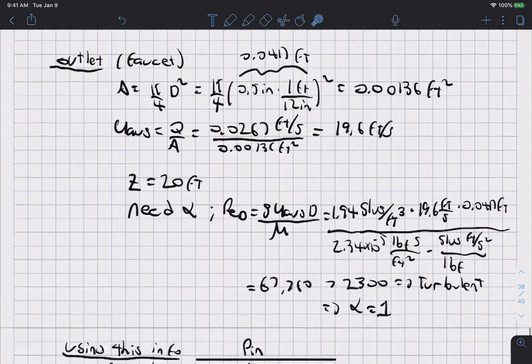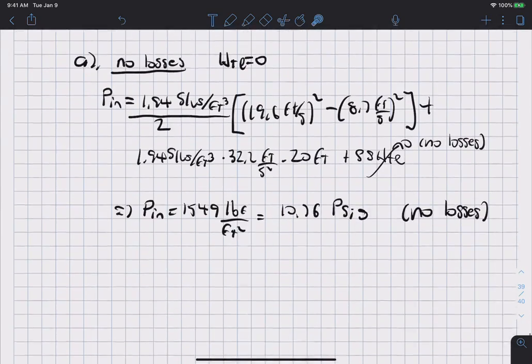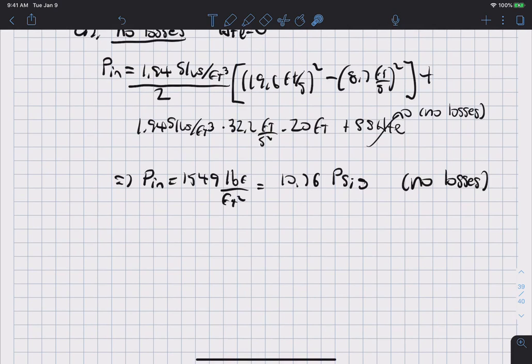But now for part B, we need to start including the viscous losses, and you'll find them to be substantial, not some minor little correction, but enormously important. For part B, we will include the major losses only.